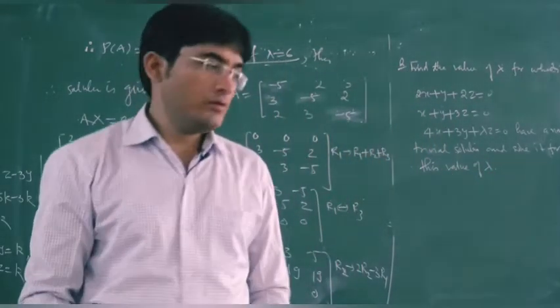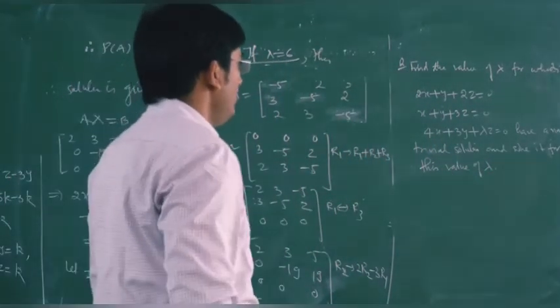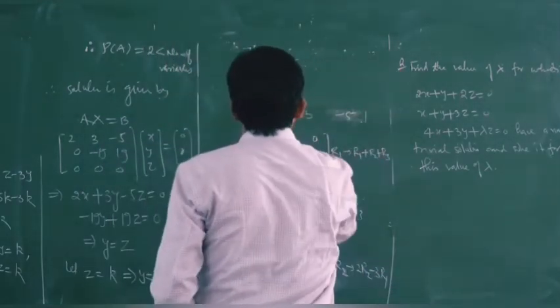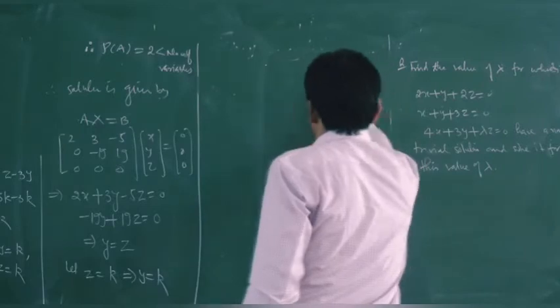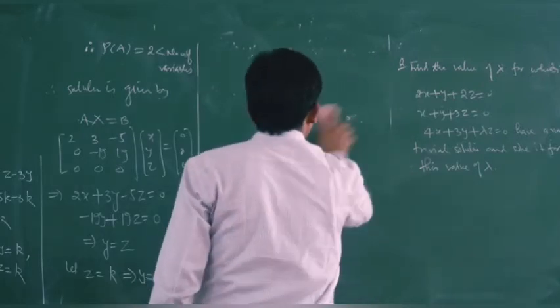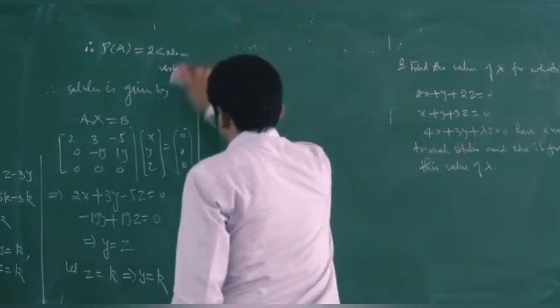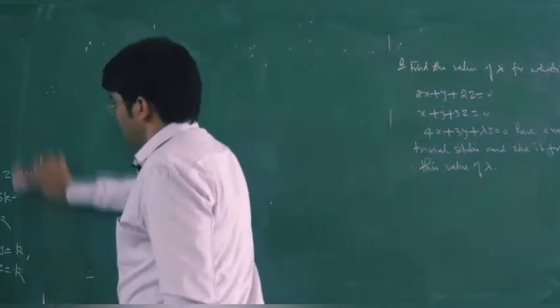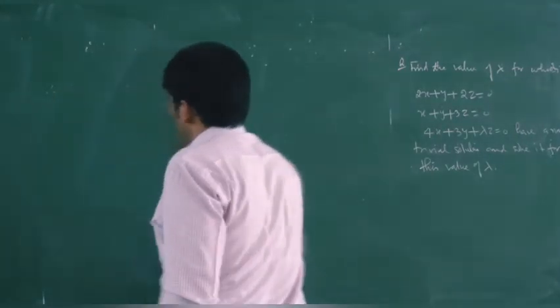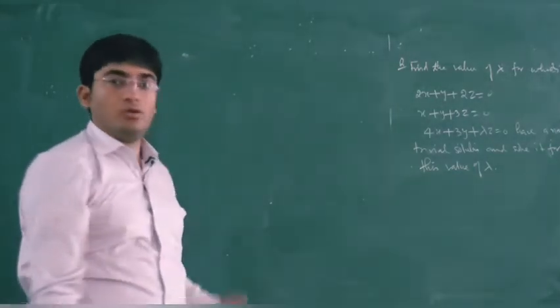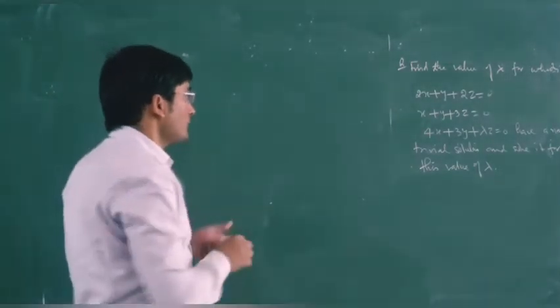Again, here we have to determine the value of lambda for which the system has a non-trivial solution. That means for the non-trivial or non-zero solution, the rank of the matrix will be less than 3. Only then we will have a non-trivial solution or infinite solutions.